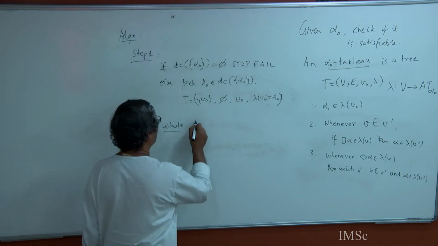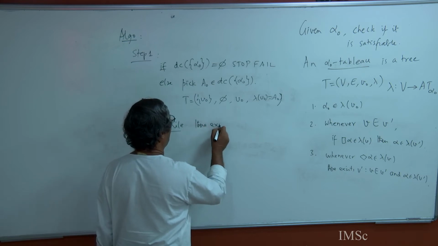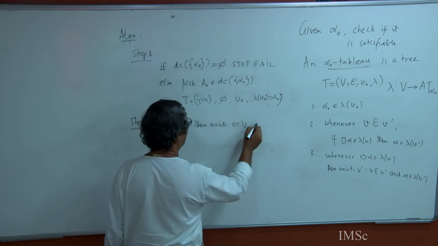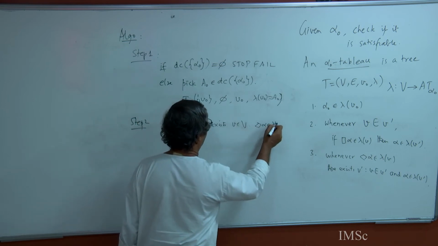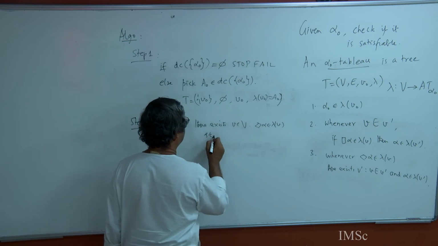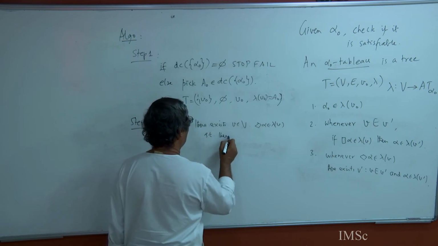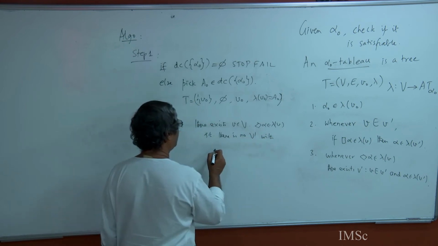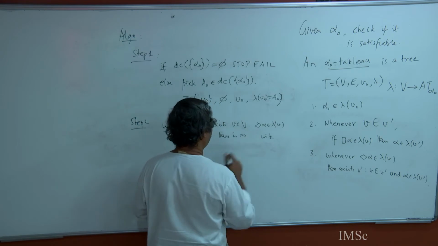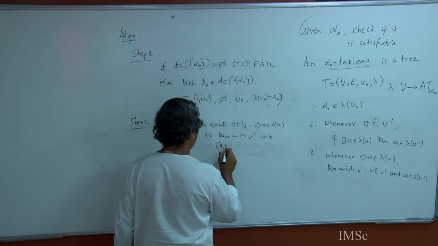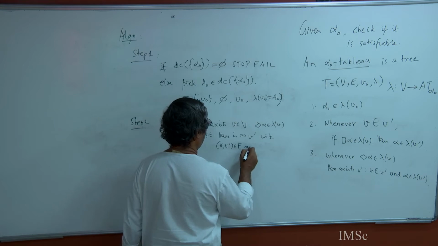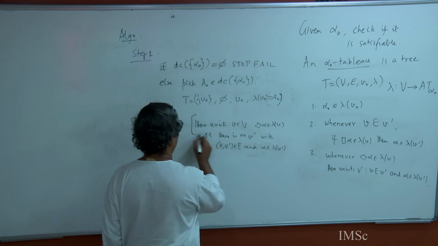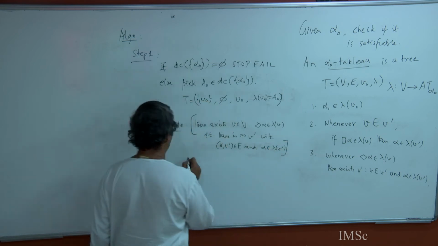While there exists V belonging to V such that diamond alpha belongs to lambda of V, such that there is no V prime with the edge relation, do this.